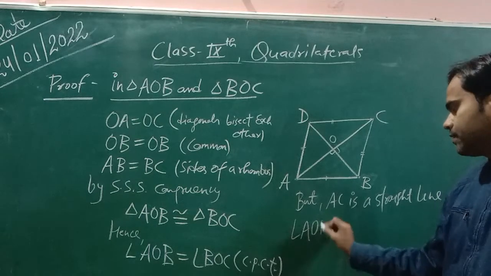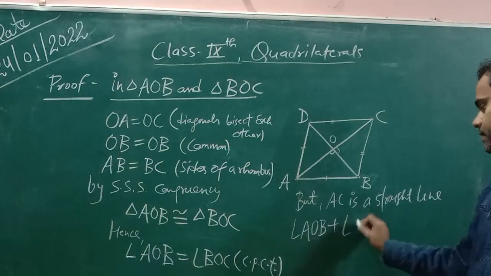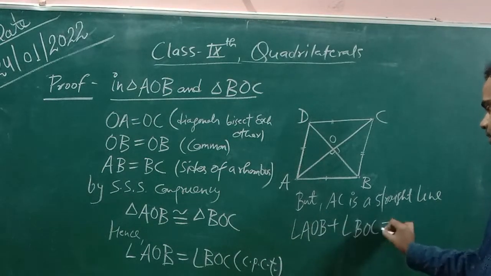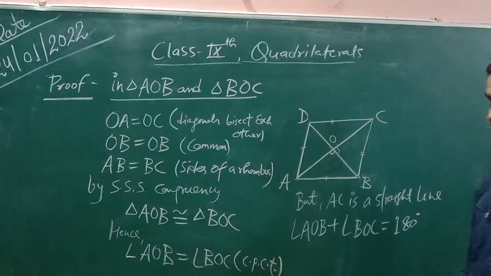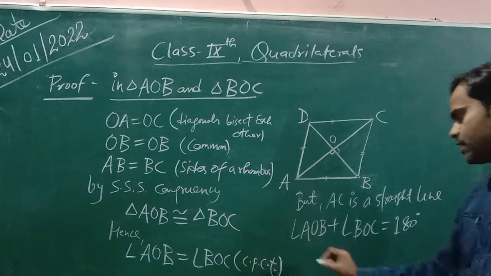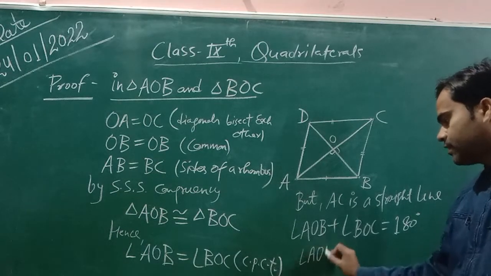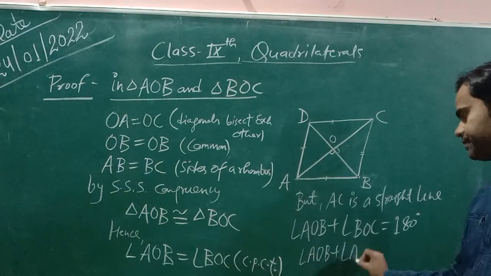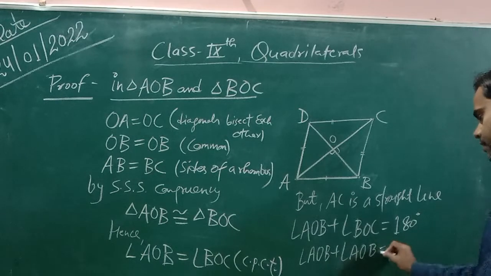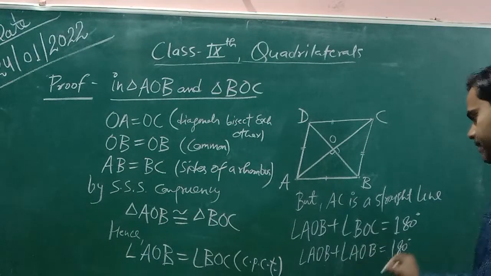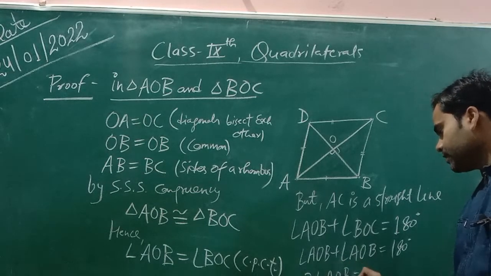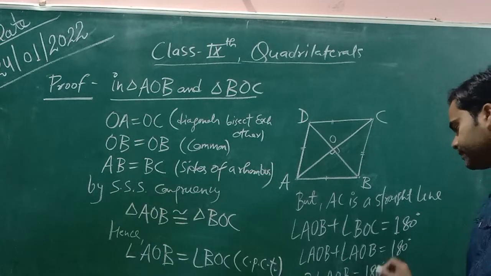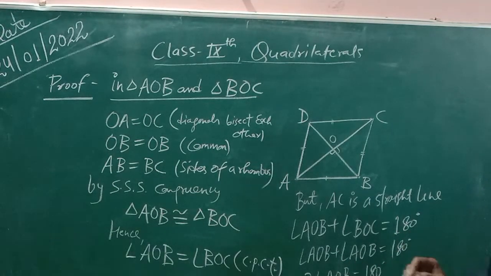Angle AOB plus angle BOC is equal to 180 degrees. AOB and BOC are equal, hence AOB plus AOB is equal to 180 degrees. Two angle AOB is equal to 180 degrees. Hence angle AOB is equal to 90 degrees, proved.